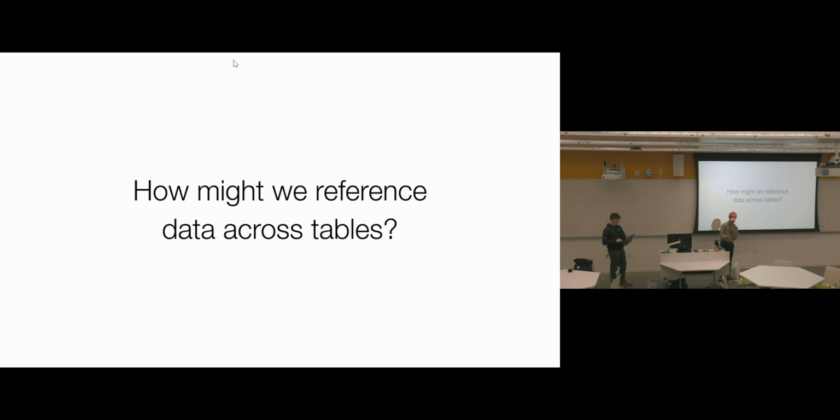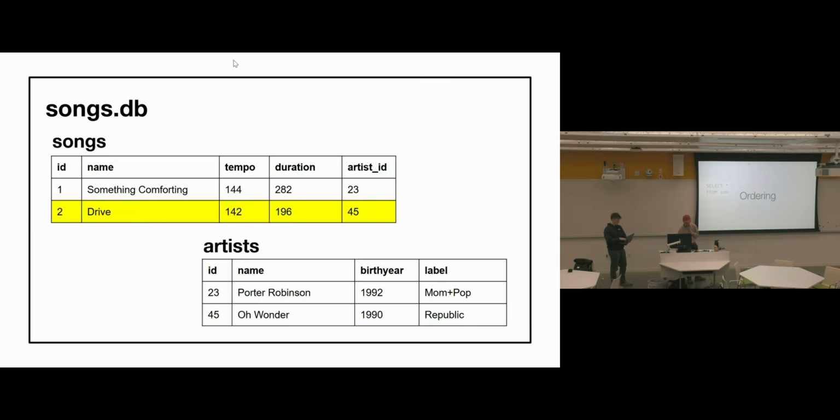How do we reference things across the different tables? Because like John mentioned earlier, right here, just in the design of this, if you want to look at the artist name, you have to first go to this one and then figure out what song it is, and then go to the artist ID and then link them together. There needs to be this linking part in order for the tables to make sense with each other.